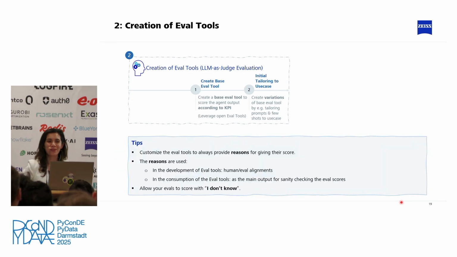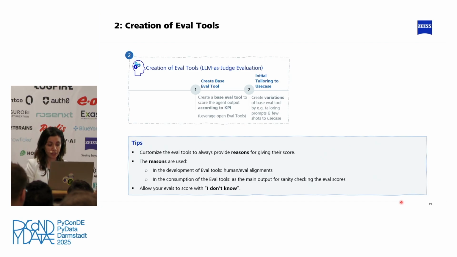So once you have these different candidates for one eval tool, some tips before we go forward: for your eval tools, I would highly recommend instructing your evals to also provide reasons for their verdict, meaning not only would they give you a score of pass or fail in case of a binary KPI, but also a reason why they came up with this score.